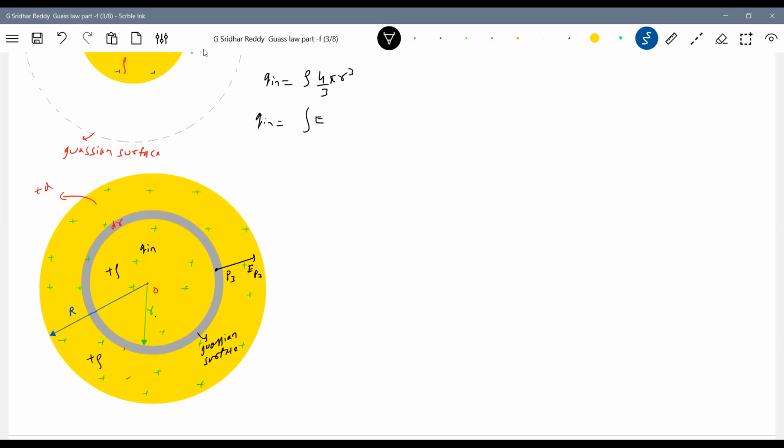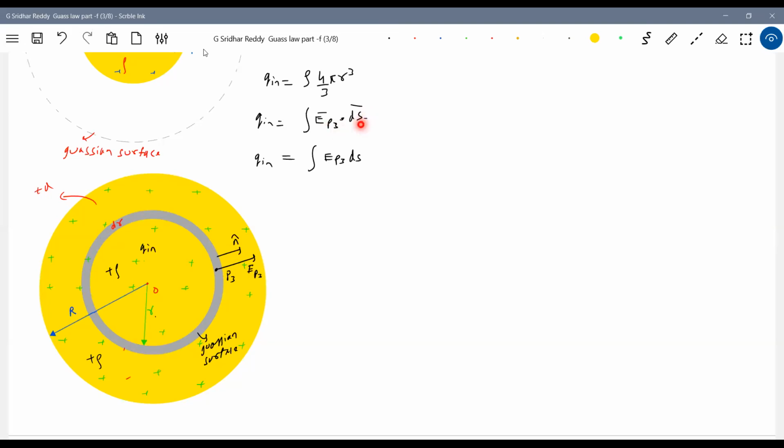Q in equal to integral of E bar dot ds bar. So how will the n cap be for a curved surface? It should be radially outward. Look at all points, what is the electric field strength? It will be constant, and everywhere E bar is parallel to n cap.